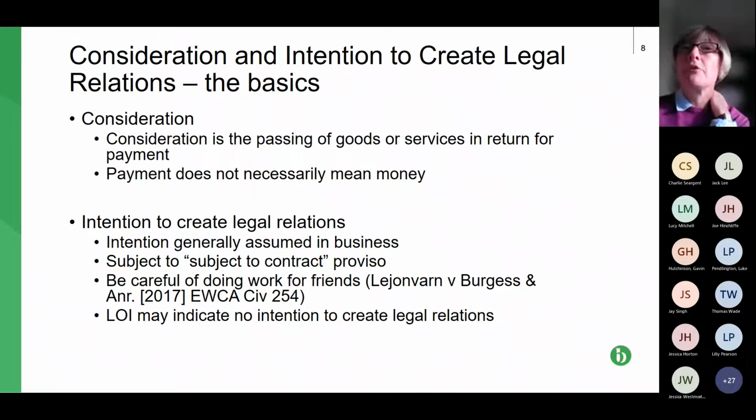If all the emails passing to and fro are stated as being subject to contract, then that basically means you cannot end up in the scenario that I talked about earlier, where perhaps you've pretty much agreed all the clauses, you've got a few that are outstanding, and you have a telephone conversation and agree the last few clauses. Generally, at that point, you have an agreement, because there's effectively a meeting of the minds.